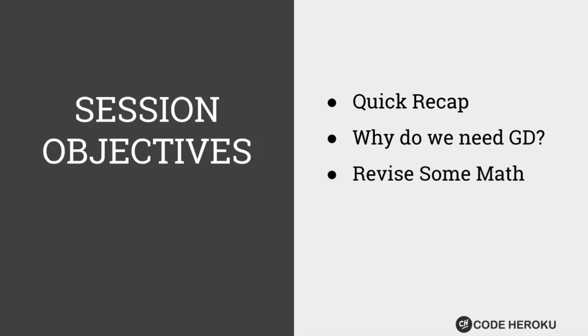We'll also revise some basic math concepts because I don't want this to be just a black box for you, where you use some scikit-learn functions and you don't know what's happening behind the scenes, you don't know the math behind it. I don't want you to be those kind of machine learning engineers.